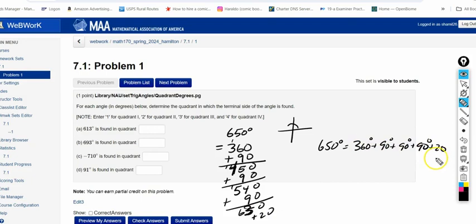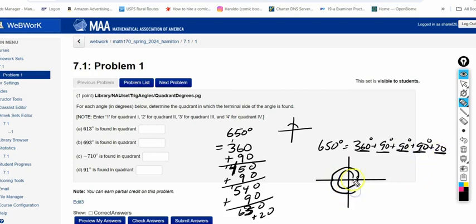Okay. And so what's that going to look like? I'm going to go 360 degrees in the positive direction, then a further 90, then a further 90, then a further 90, and then plus 20.